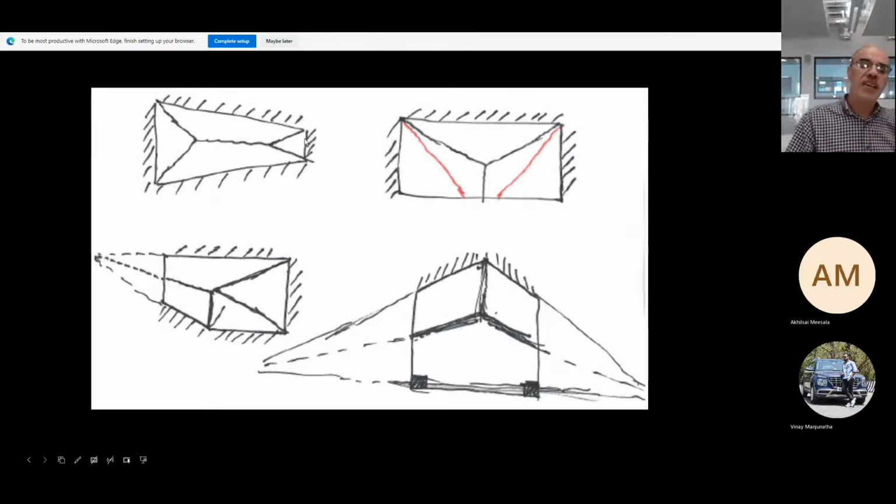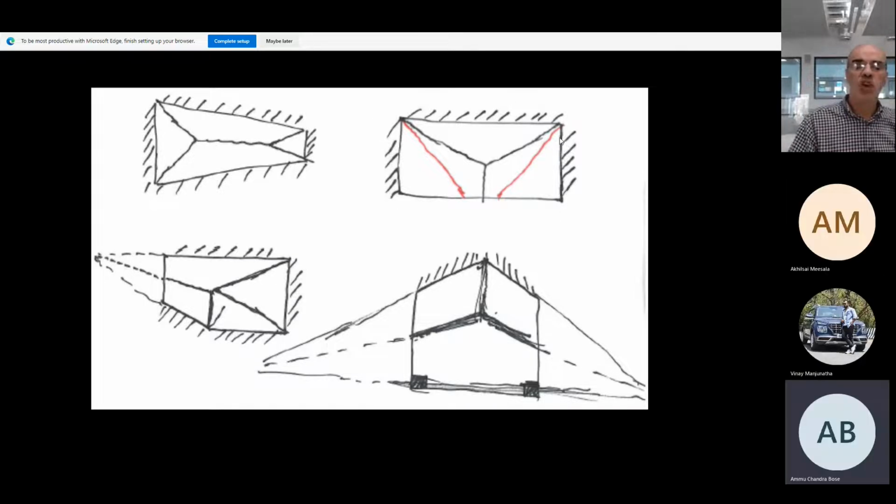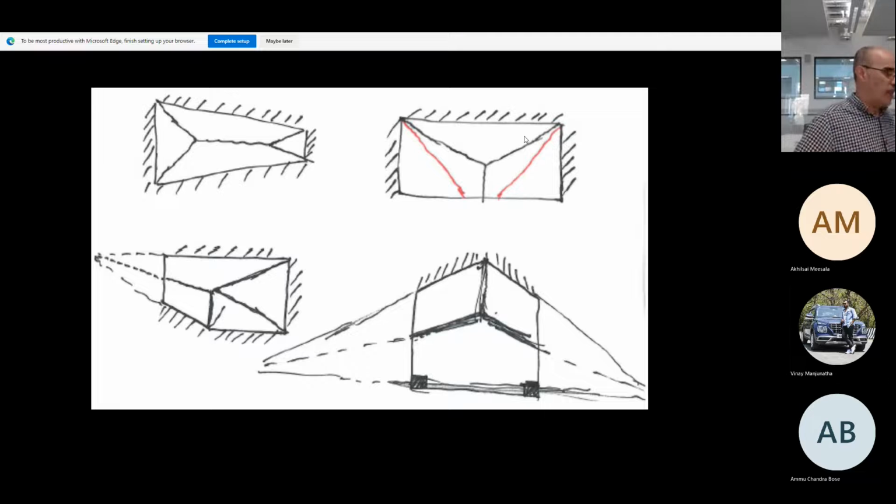Now, in this case we have a rectangular slab, but simply supported on 3 edges only. Depending on the ratio of this length to this length, you either have the mechanism in black, in the dark color, or you have the one in red.